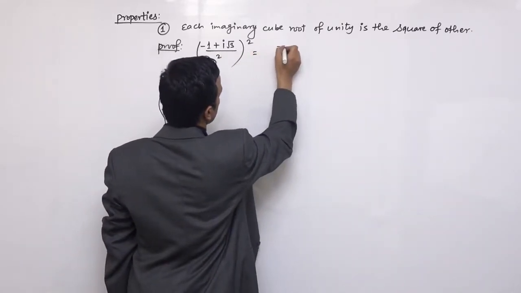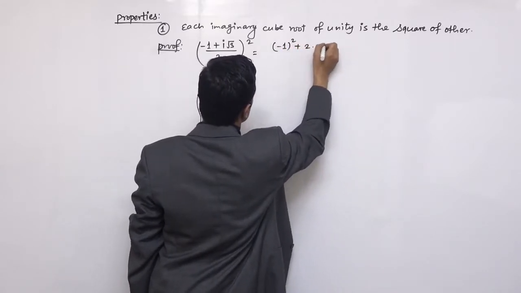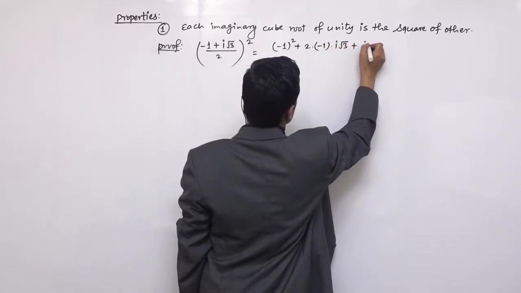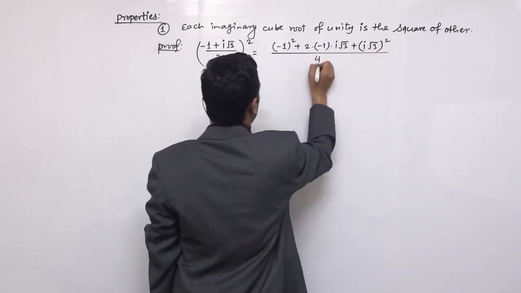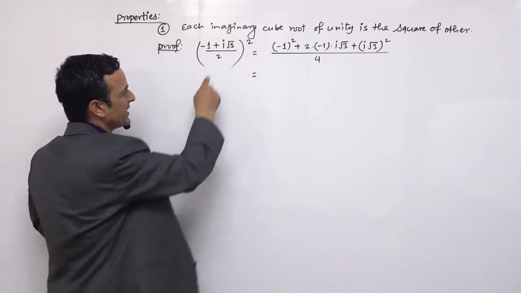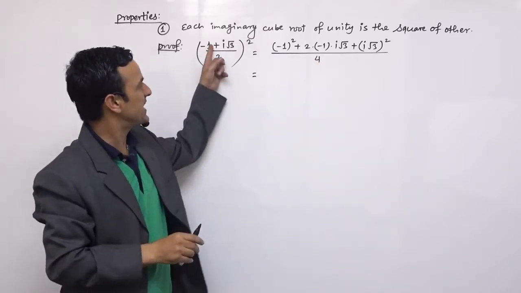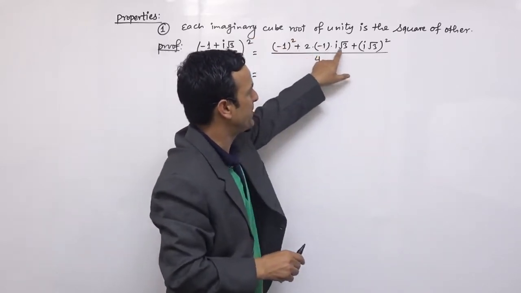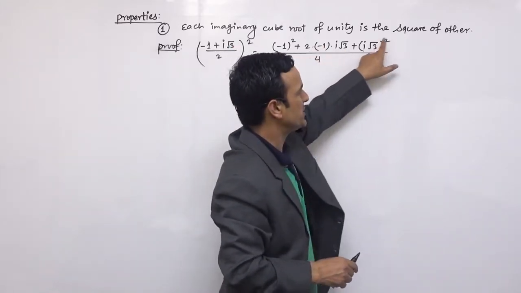Solving it, we get (-1) square plus 2 into a into b, that is i root 3, plus b square, that is (i root 3) square, divided by 4. So this is the algebraic formula reduced from here. Here 2 squared is 4, and (a plus b) whole square means a square plus 2ab plus b square. This is a, this is b, that's why 2ab plus b to the power 2.